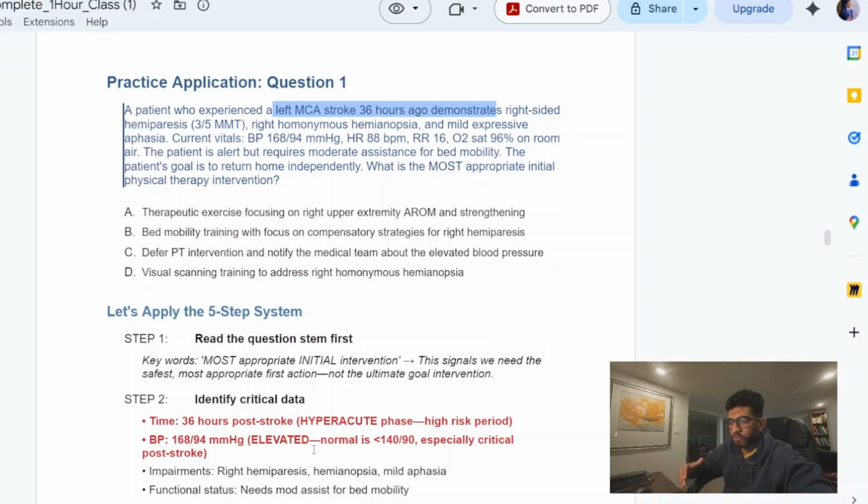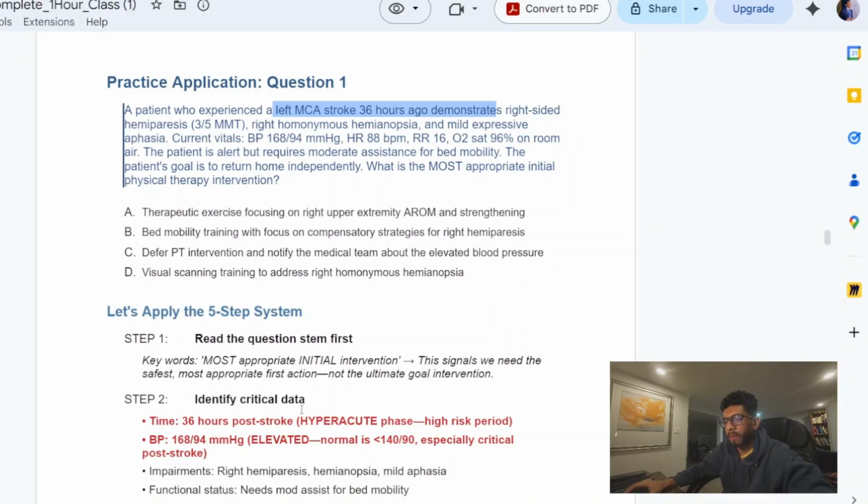Normally it's 140/90 based on the new protocol, especially critical for a post-stroke patient. Now he has impairments of right hemiparesis, hemianopsia, mild aphasia, and functional status needs moderate assist for bed mobility, right?